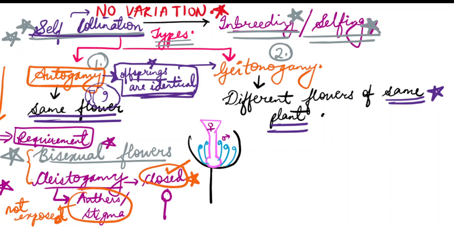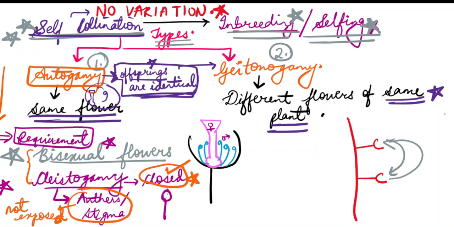Now, in Geitonogamy, what is the difference? Suppose this is one flower and this is a second flower. So here there is a need of transportation, right?